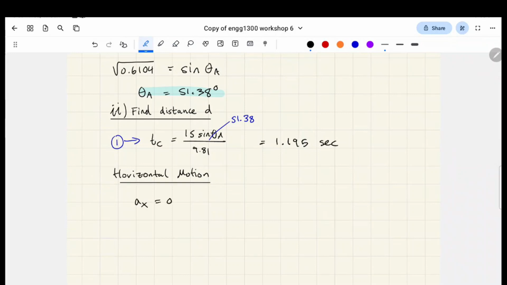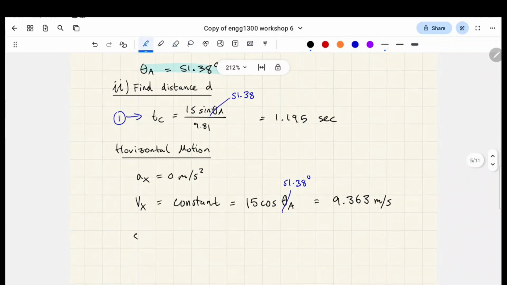And we know that Vx is going to be constant, right? Because there's no horizontal acceleration. So what we worked out earlier was this, right? When we were splitting up the components, velocity, this is the horizontal part. And since we have this now, it looks like this, right? That's not too bad.